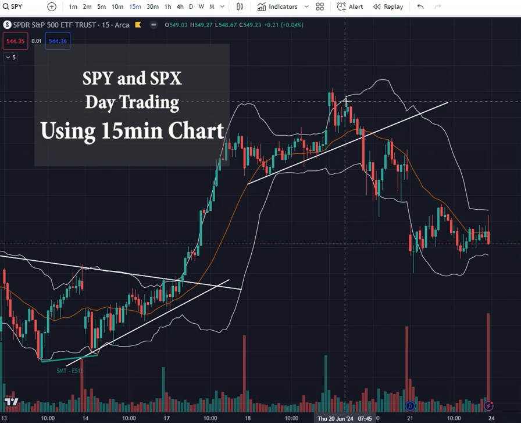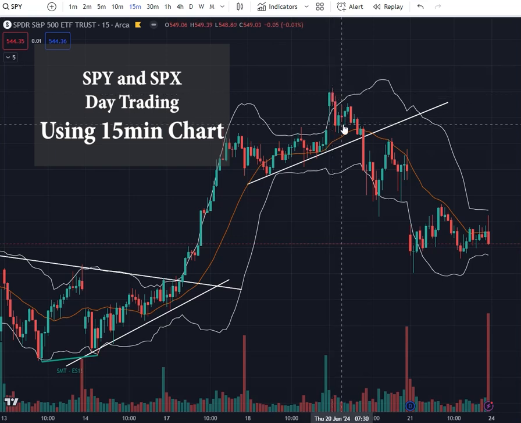Even if something happens in the market, in most cases it doesn't stay outside the Bollinger Band lines. It has to, because there is an imbalance in the market when it's outside of the Bollinger Bands. So as soon as it is outside these lines, it has to try to come back below the line.